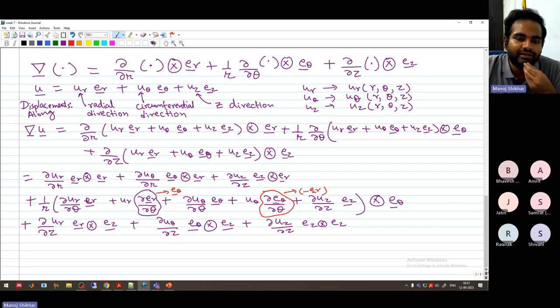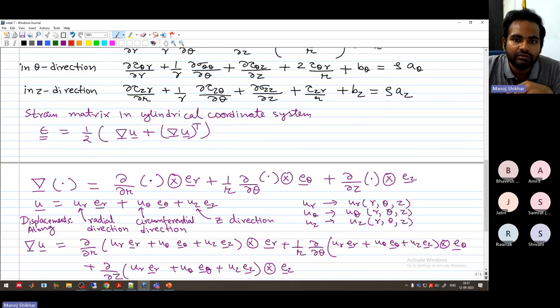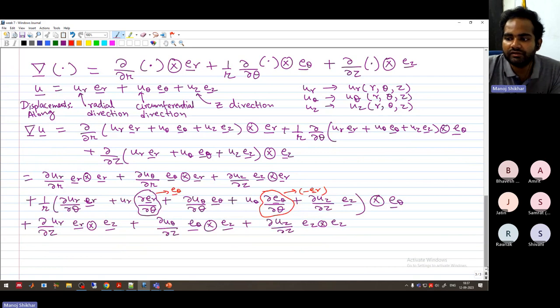I will show you the matrix form, and then if we apply this formula of strain, we can get the strain matrix. So I will directly write the matrix representation of a strain tensor here. Maybe I should write how we fill the gradient of U tensor also, so that it will be easier for you to follow.